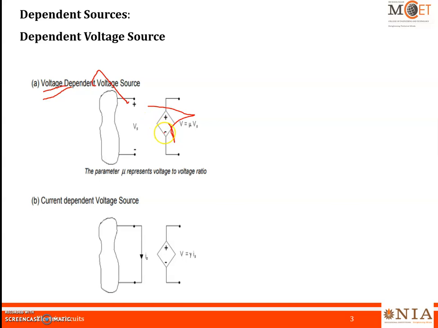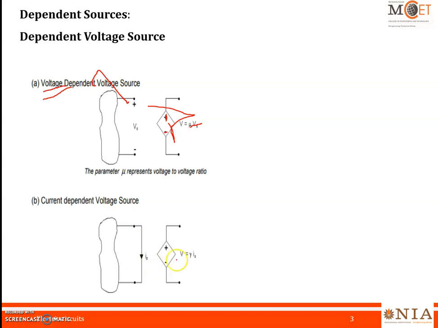And it is a voltage source, that's why it is represented with minus and plus. Next one, current dependent voltage source.